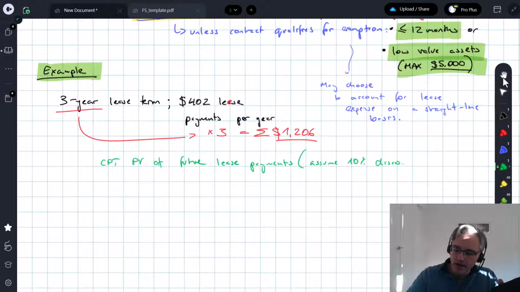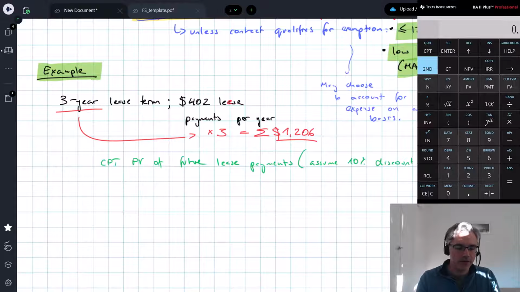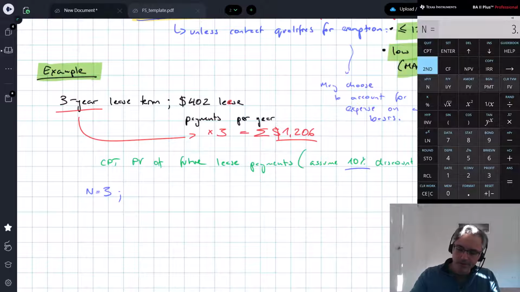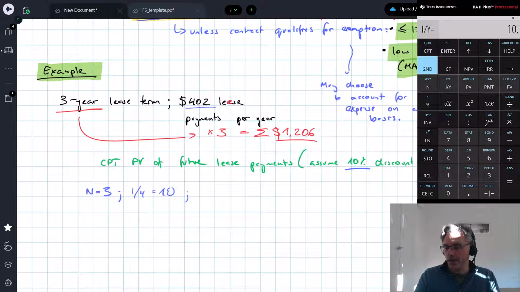Discount rate. So what we need to do is fire up the time value of money worksheet, clear it first, so second followed by FV, and now input the data. Well, we've got a 3-year term, so N is going to be 3 followed by N. Then I/Y is going to be the 10 that I just gave you. So let me write this as I/Y equal to 10. Now PV is what we're going to look for. PMT is the 402 of lease payment every year.